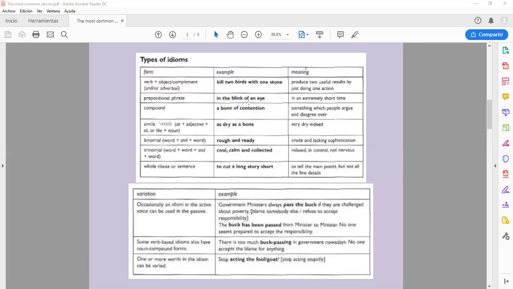Look at this, the other one: in the blink of an eye. They say it means in an extremely short time. For example, it happened to me today. You know what? I fell asleep in the morning. It was 6:45 in the morning, and I woke up.